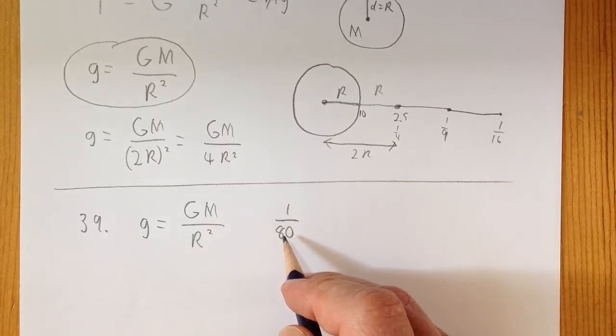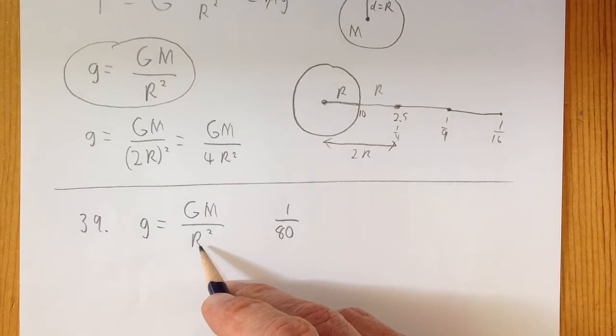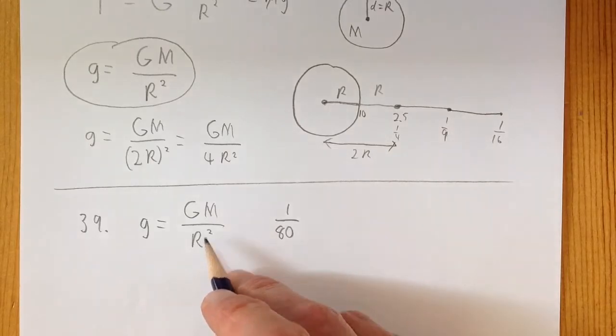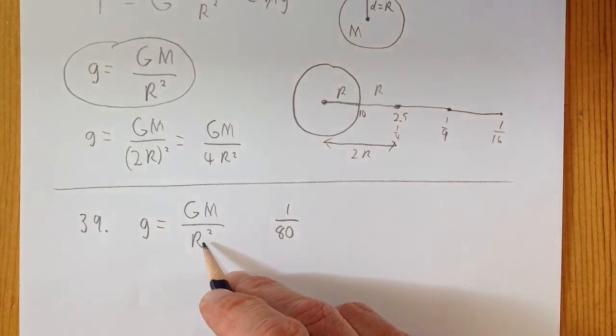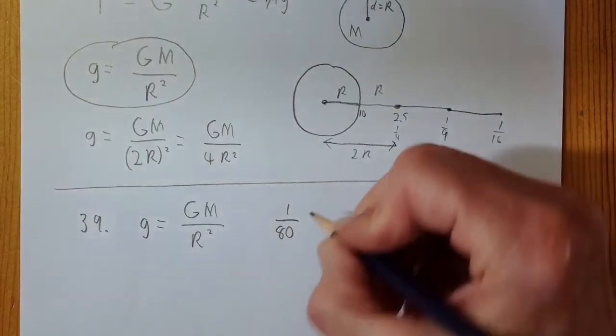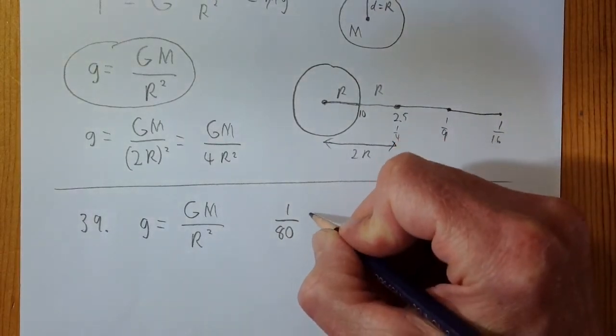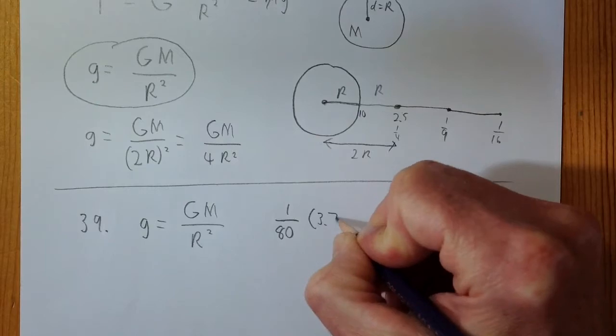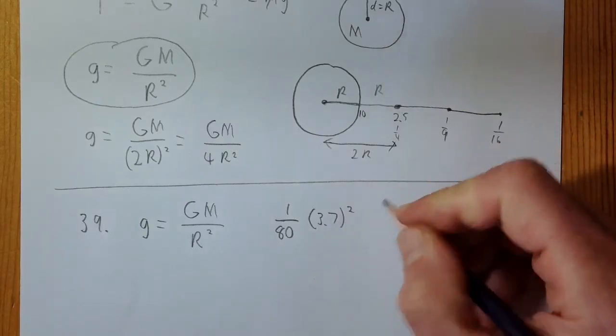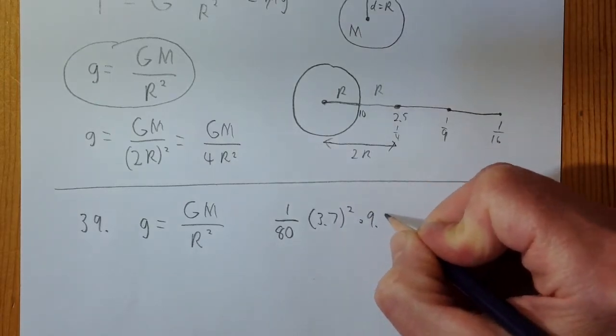However, the radius is also 3.7 times smaller, and that's on the bottom. So if you divide by 3.7, it's 3.7 times smaller, not 3.7 times bigger. The smaller it is, the greater the gravity, and it goes by squared. So g on the moon is 1/80th times 3.7 squared times g on the Earth, and g on the Earth is 9.8.